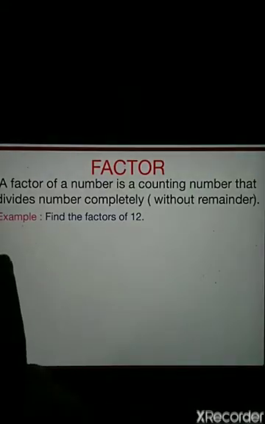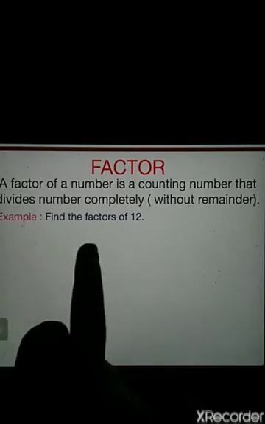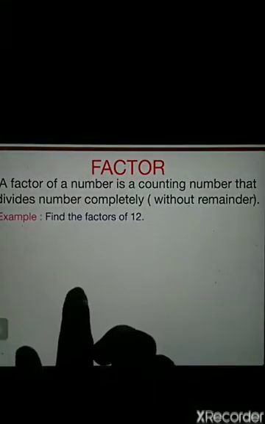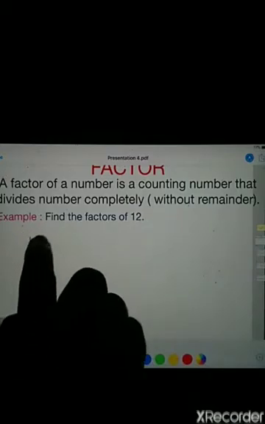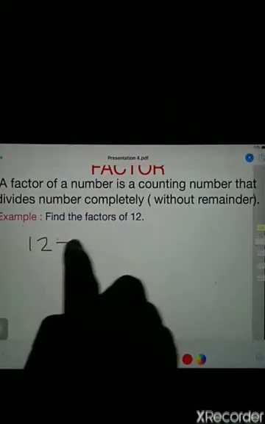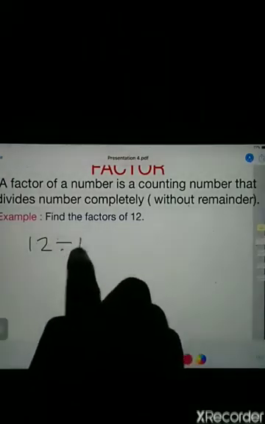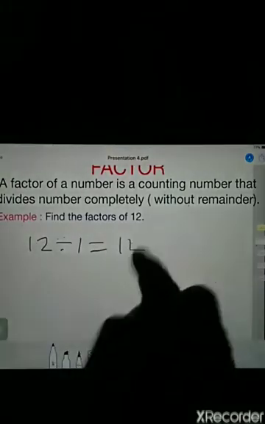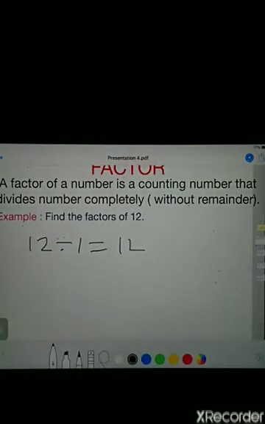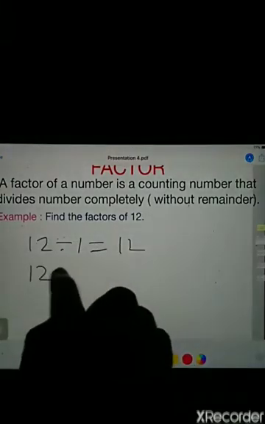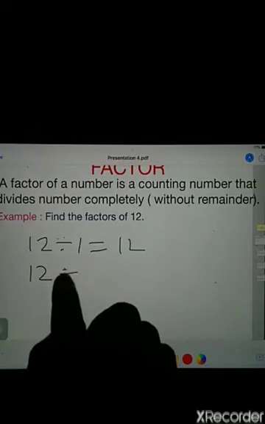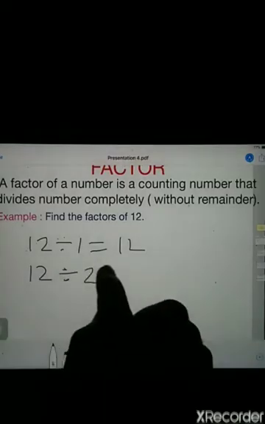So let's understand with one example. Find the factors of 12. You know very well 12. 12 can be divided by which number? We'll start with 1. If you divide by 1, you will get 12 without leaving any remainder. 12 is an even number, so it can be divided by 2.